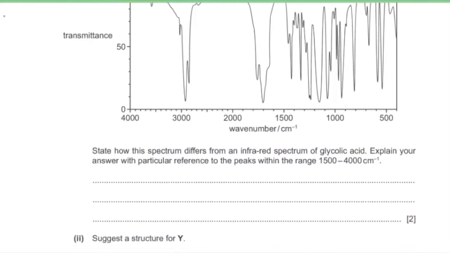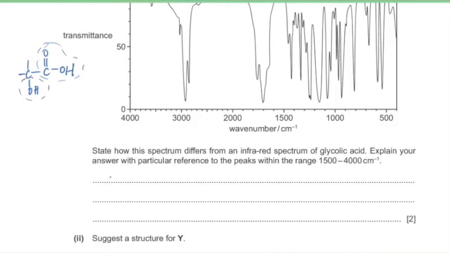So glycolic acid is CH2OH and COOH. Now this would have a strong and broad peak at 2500 to 3000 per centimeter due to this functional group, and also a strong peak at 3200 to 3650 per centimeter due to this primary alcohol.